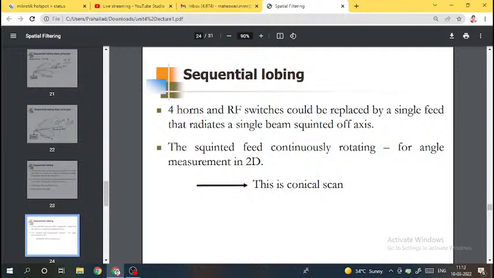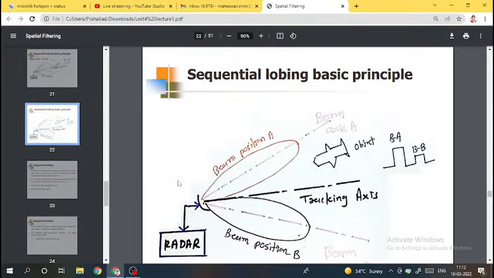Instead of that you can use a single feed that radiates a single beam which is squinted off axis. Squinted off axis means, suppose there is a parabolic antenna and you have a feed. So what will be the radiation pattern?